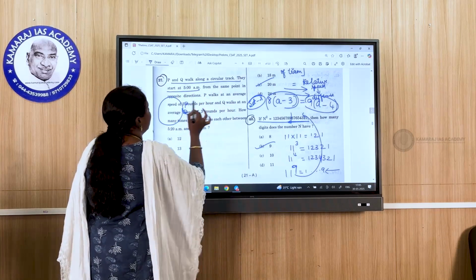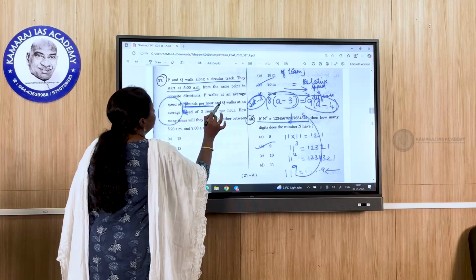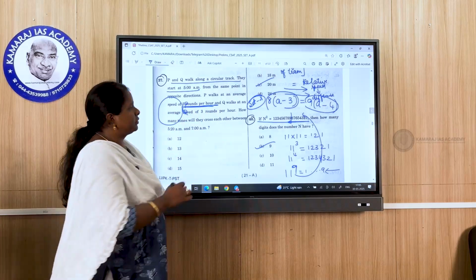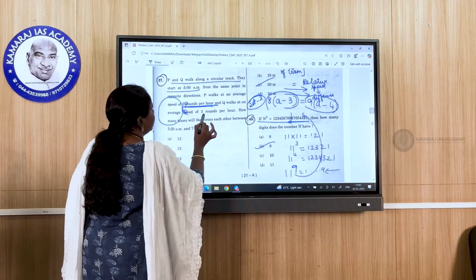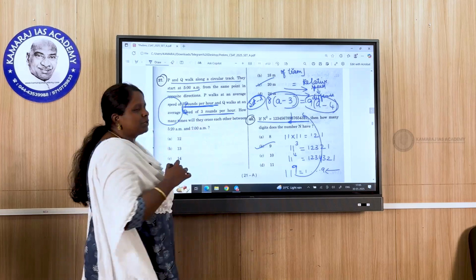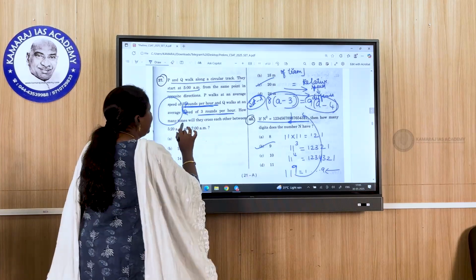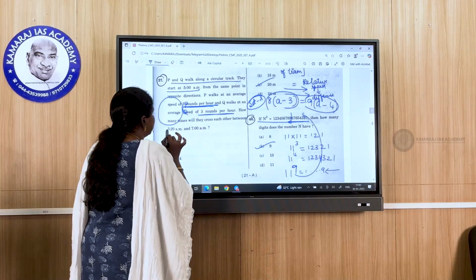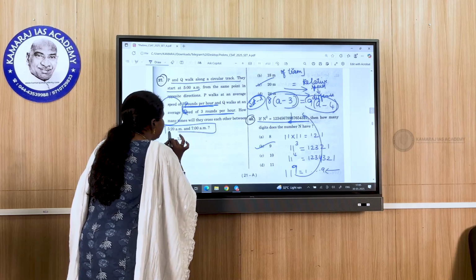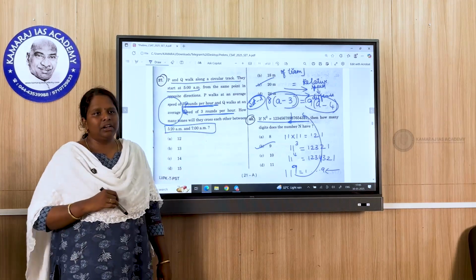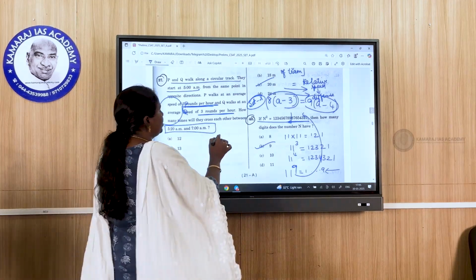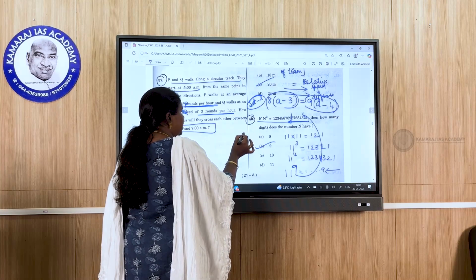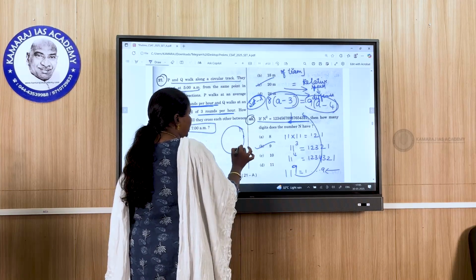P walks at an average speed of 5 rounds per hour and Q walks at an average speed of 3 rounds per hour. Now, how many times will they cross each other between 5:20 a.m. and 7 a.m.? Totally, they are starting at the same place.